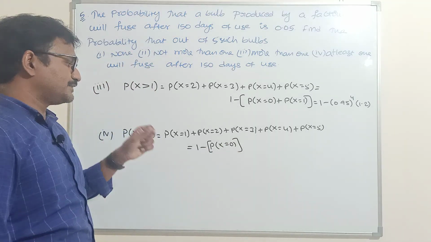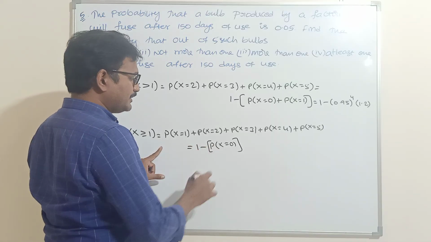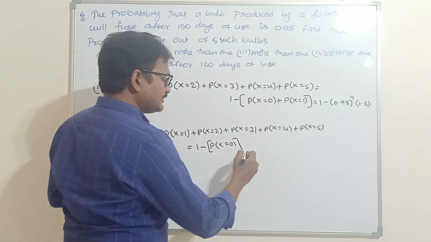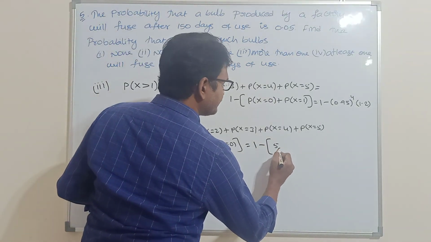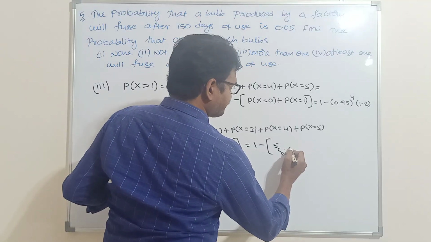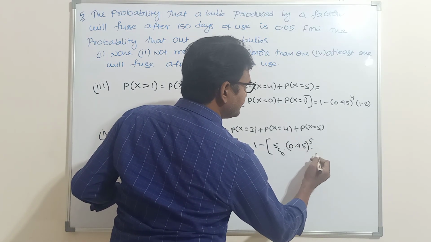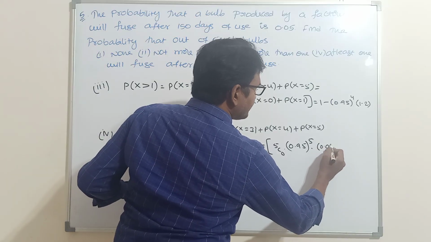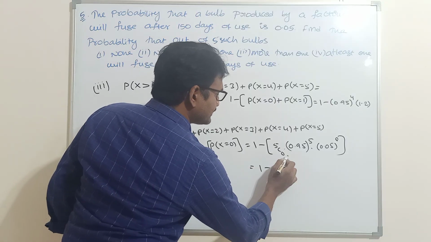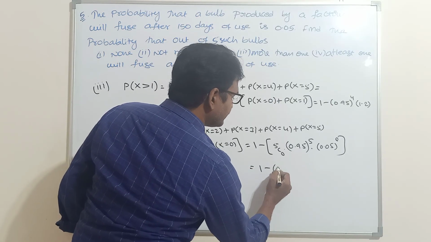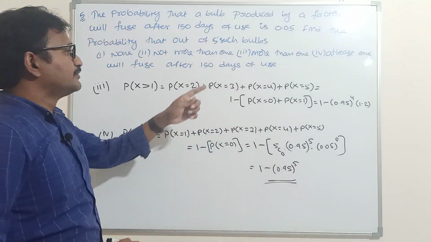The sum of the probability distribution must always equal 1, so I am sending only X equal to 0 to the right hand side. So 1 minus P of X equal to 0 means 5C0 into 0.95 whole power 5 into 0.05 whole power 0. This is equal to 1 minus 1 into 0.95 whole power 5. This is the answer for the fourth problem.